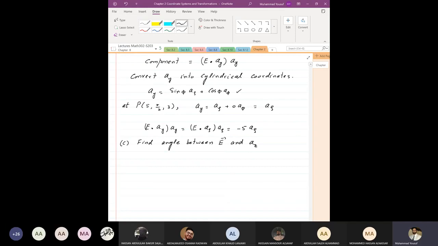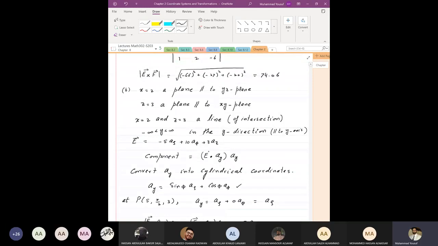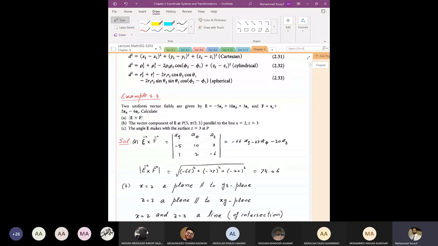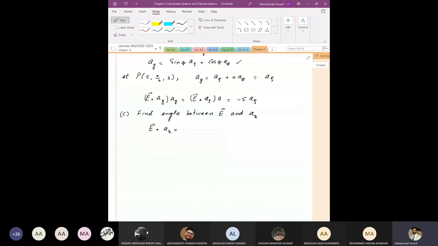So for this, we will find E dot AZ. Oh, I'm putting vector notation. It is better to put a vector notation because the book is making it bold and we cannot make it bold. So it is better if we put a vector notation on these vectors. And that is equal to what?